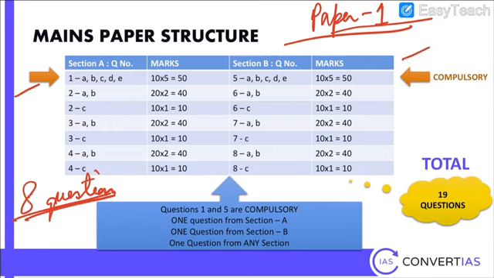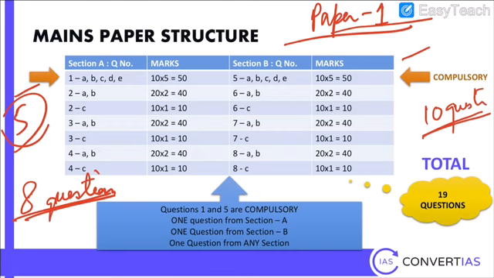Now these questions each have 5 parts. So you have to attempt all these questions. That means 10 questions are compulsory. You have to attempt these questions anyhow.